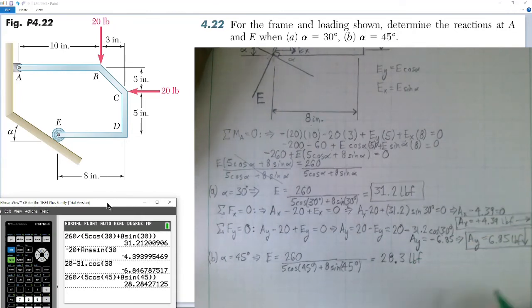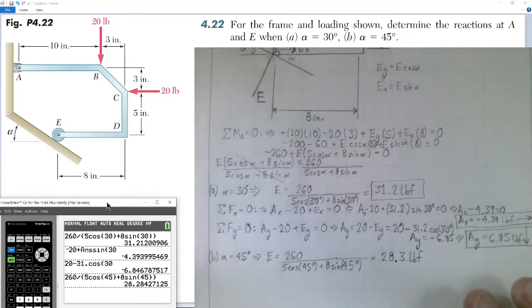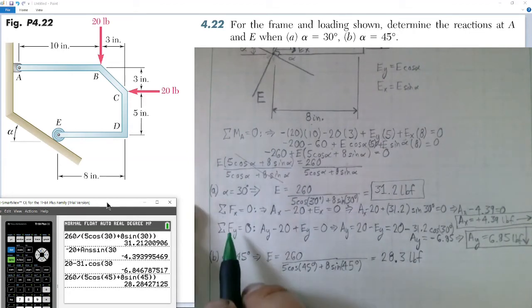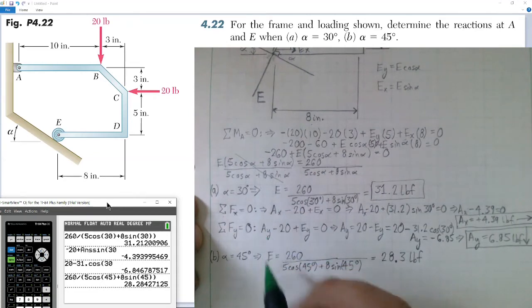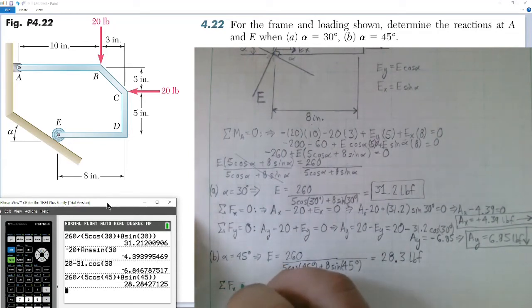Okay. We can now do the same technique for solving for our force in the x to get Ax and get our Ay reactions, force in the y. So I'll say sum of forces in the x direction equal to 0. Tells me, again, I have the same reaction force equation I have up here.